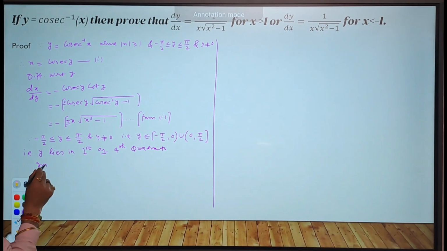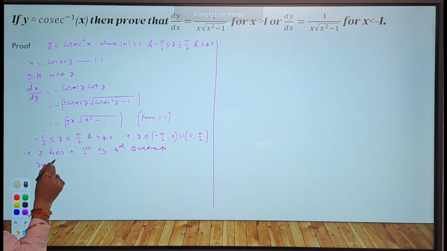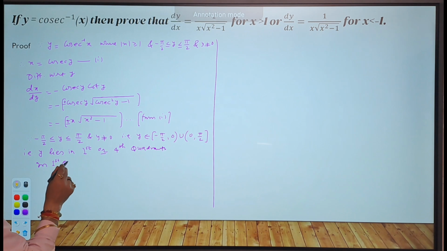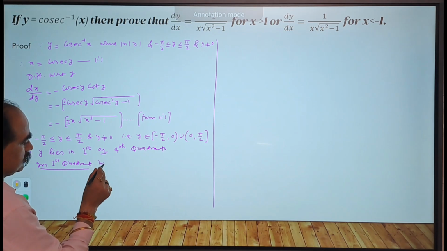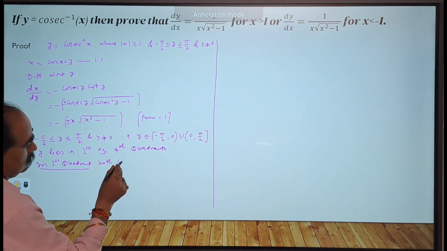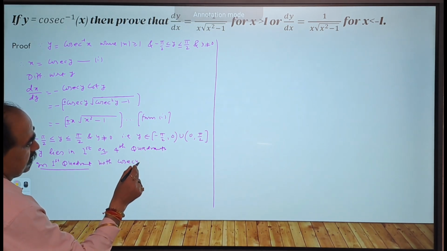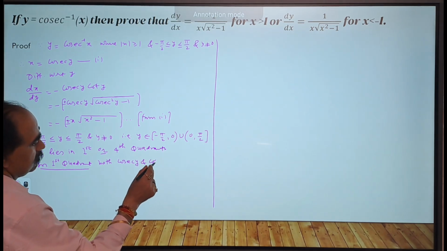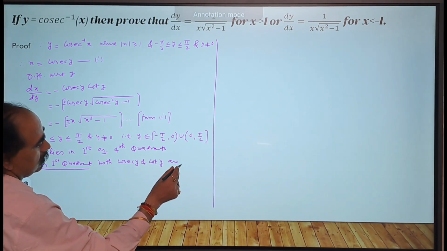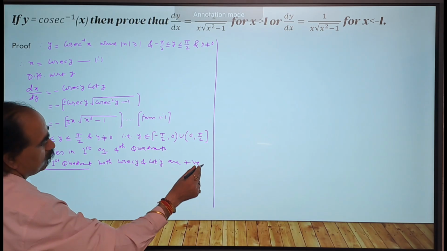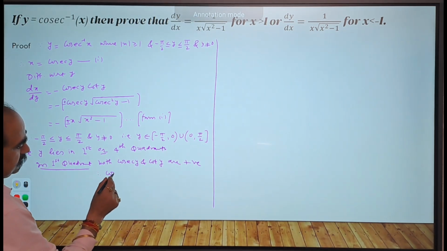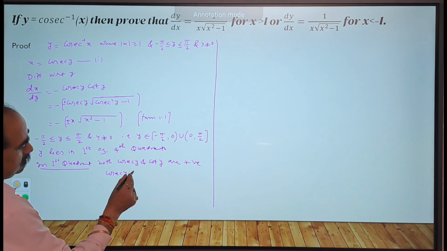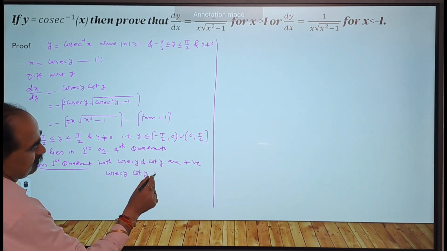In the first quadrant, both cosec y and cot y are positive. Therefore, cosec y into cot y will be positive.